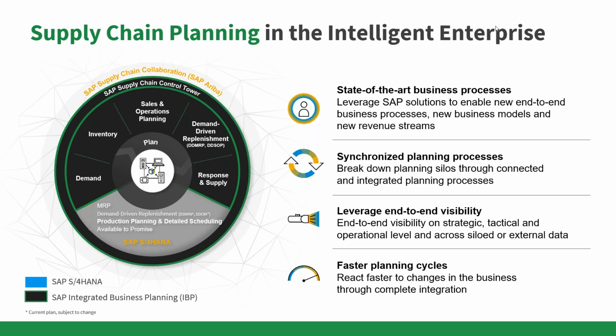It's also about enabling state-of-the-art planning processes and leveraging synchronized planning concepts, which I mentioned already, and enabling really responsive and fast planning cycles across the dimensions you see here. That's the key theme we have laid out with our product strategy consisting of S/4HANA and integrated business planning. So let's focus a little more on the production planning and detailed scheduling piece as the first step.